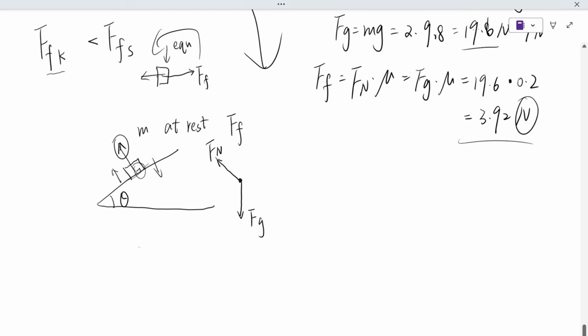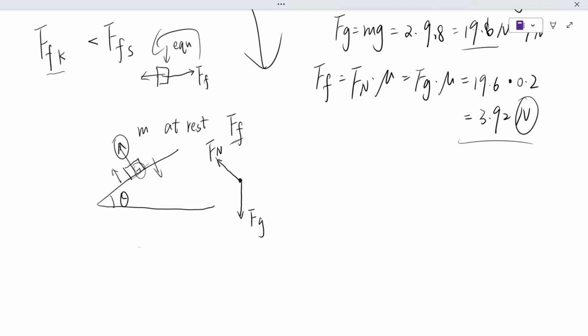And then the third force we're going to draw is the friction force. The friction force will always be in the opposite direction of the motion. So imagine this: if you put an object on a slanted surface, it will slide down along the surface.